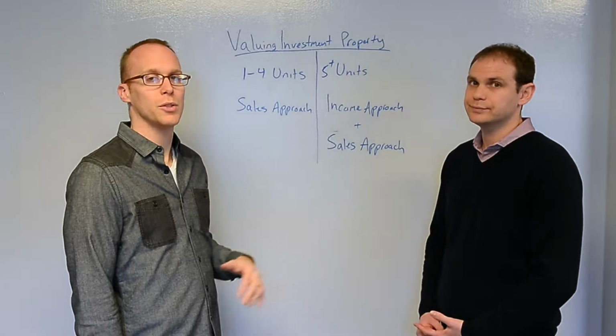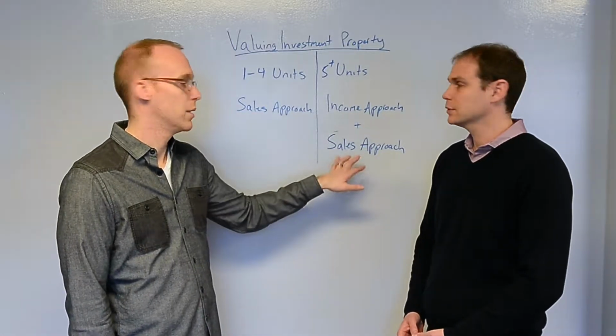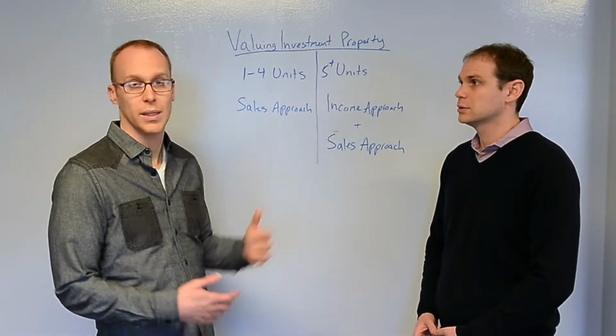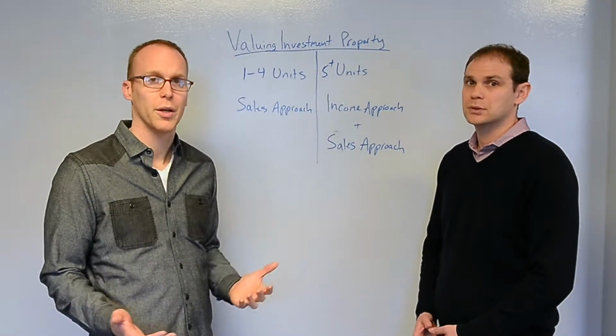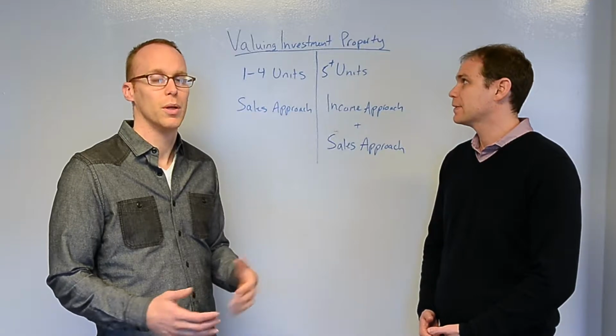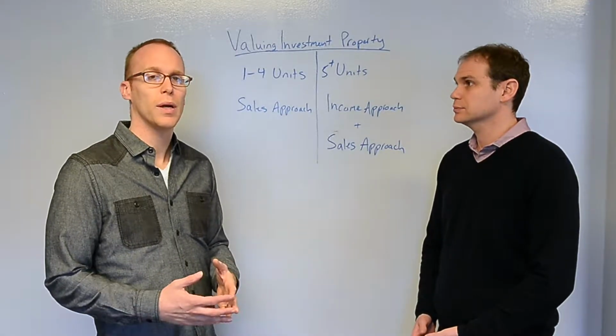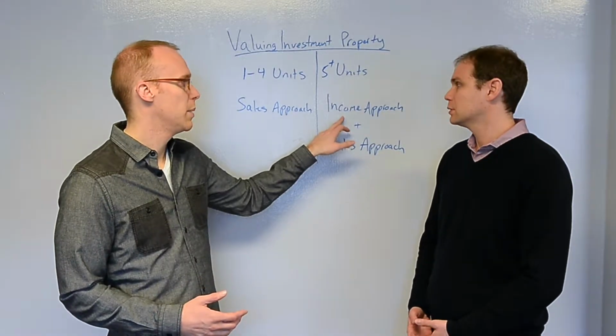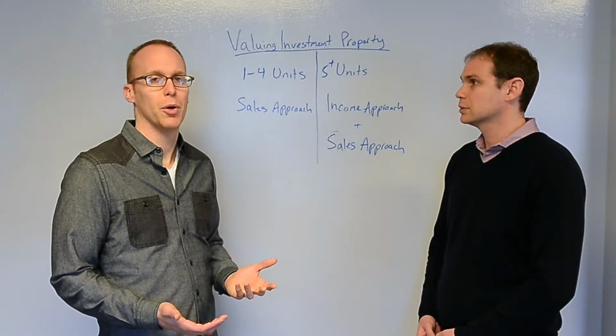They will also take into consideration the sales approach, where they will look for comparable sales. Let's say it's a 5-unit building, they'll look for other 5 units that are comparable and see what those have sold for. They will take into account both approaches, but it's typically driven by the income approach.